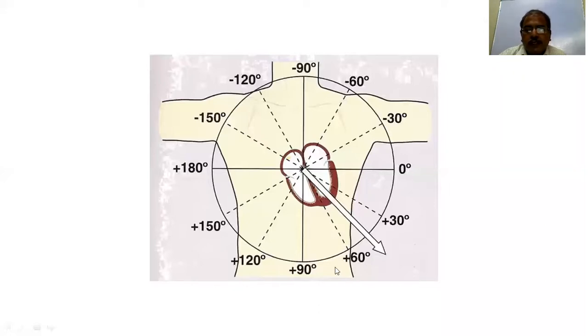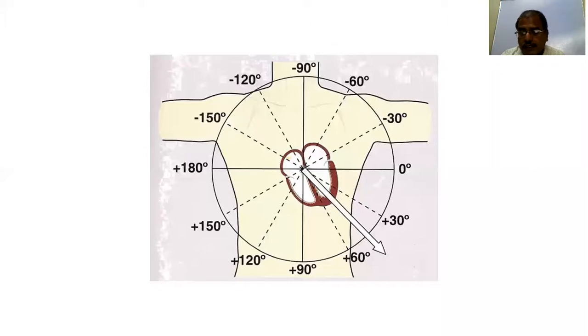So plus 30, plus 60, plus 90, 120, plus 150, plus 180. Then it again goes in the minus direction, minus 150, minus 120. In this way, the axis is determined mainly in the hexaxial system, which we discussed in the first class.